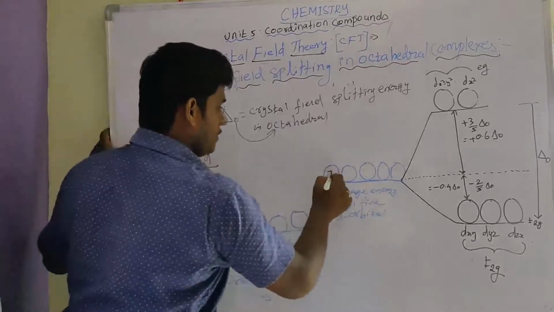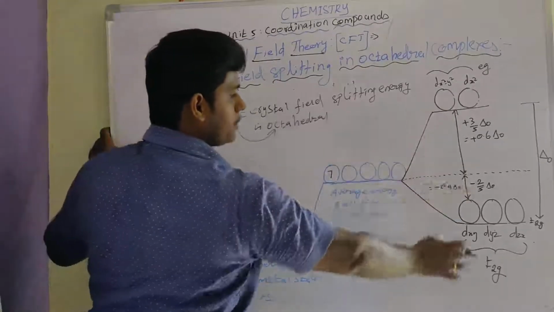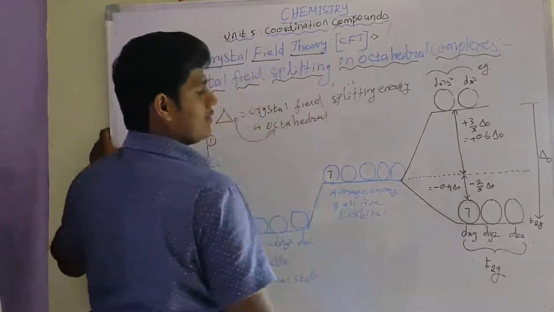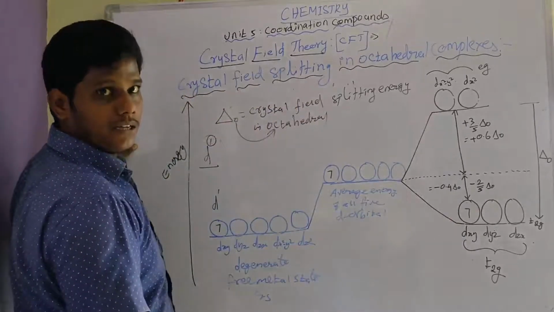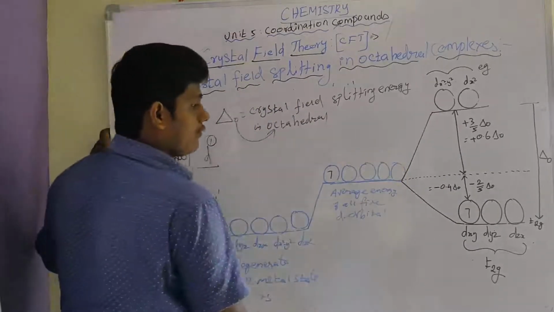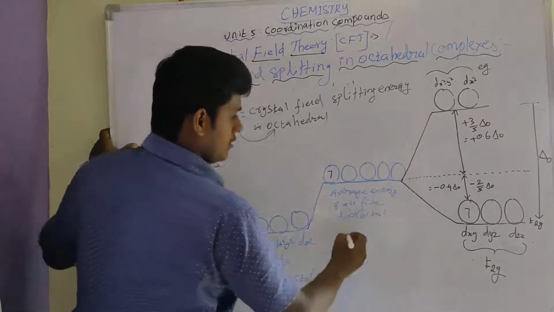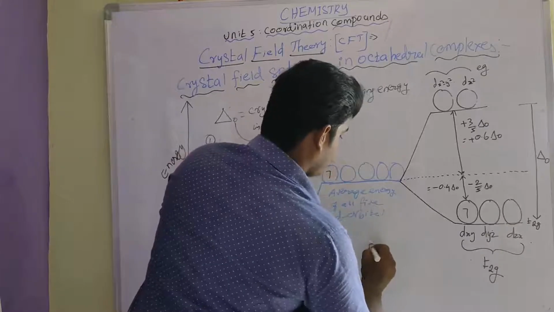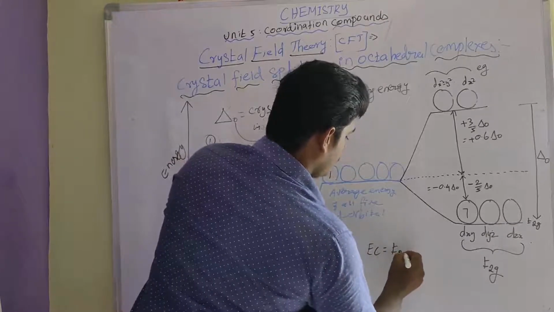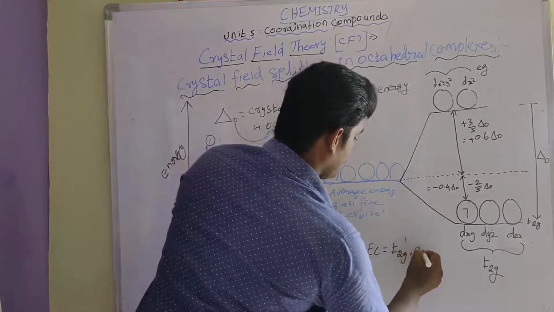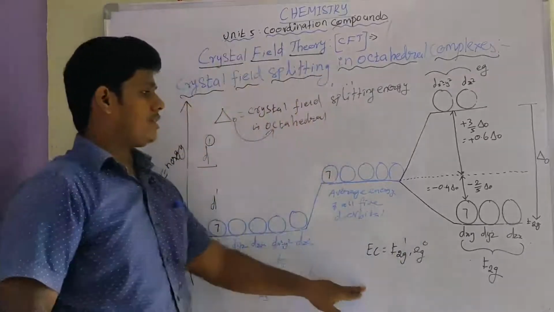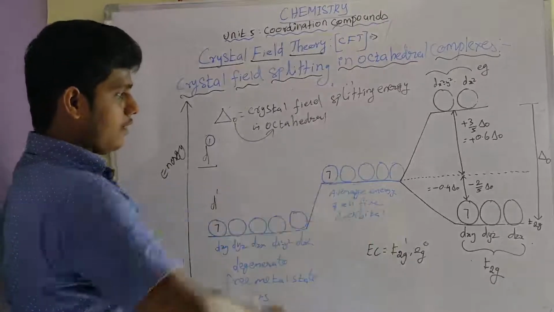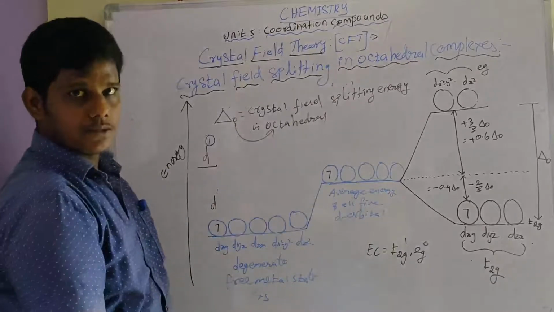After splitting into two energy levels, the one electron is present in the T2g level. So the electronic configuration is T2g1 Eg0. That is simple to write, and based on this configuration, many calculations are possible.